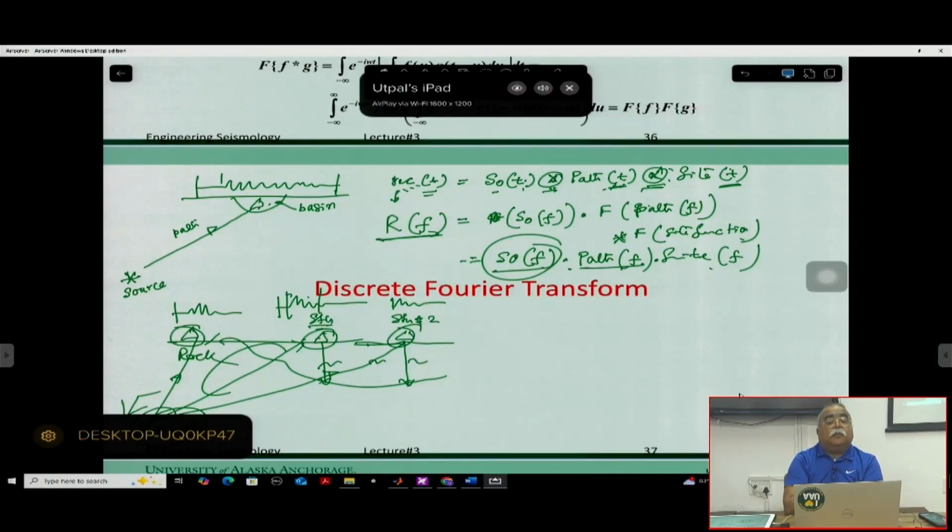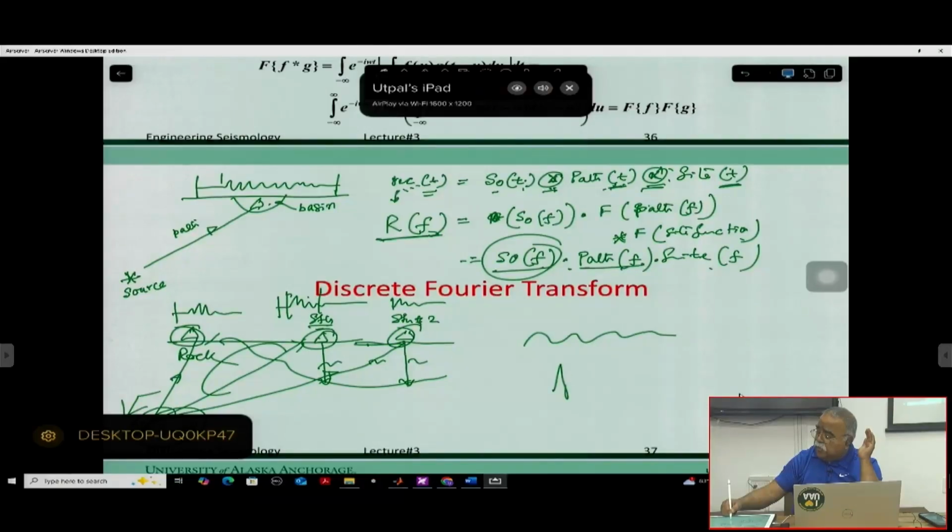But whenever it comes to the site, you will see that the records are like this. That means in all the records, the high frequency part is gone. So the high frequency part is attenuated as it travels. So that is why you can see the pulses in the recorded signal, right?